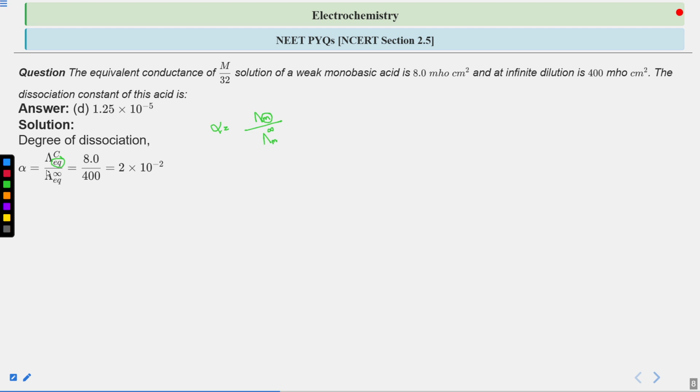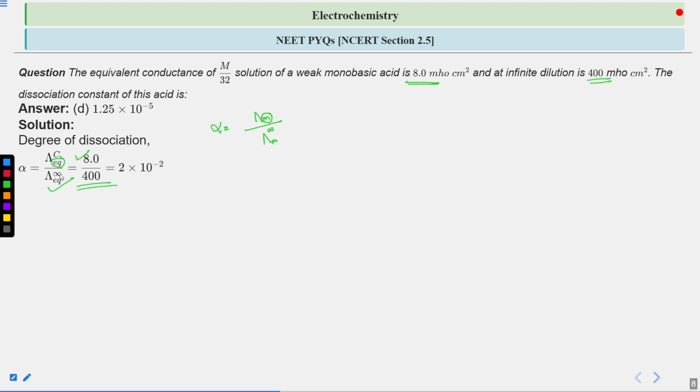So alpha is defined as equivalent conductance divided by the limiting equivalent conductance. Both values are given: the equivalent conductance is 8 mho centimeter square, so we write 8 divided by the limiting equivalent conductance, that is the equivalent conductance at infinite dilution, which is 400 as given.